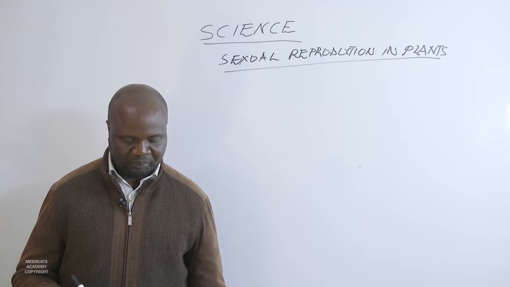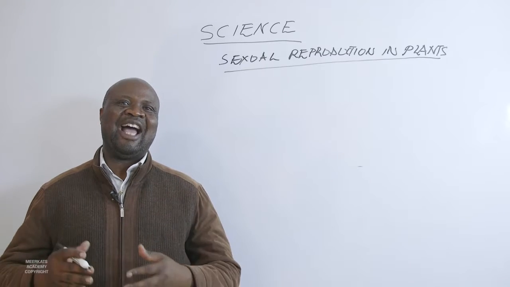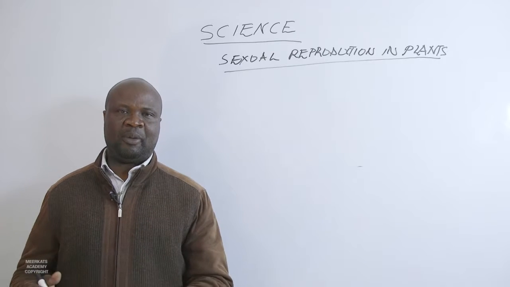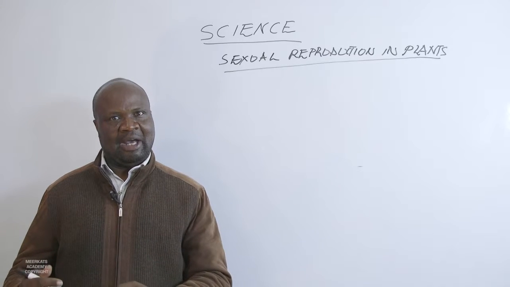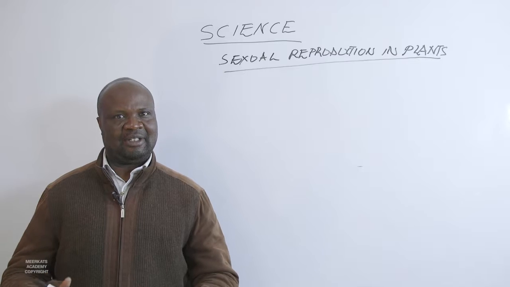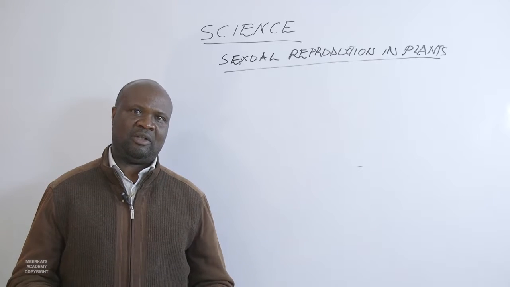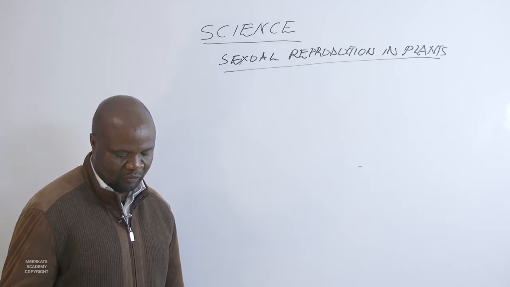Now we want to deal with agents of pollination. For pollination to take place, there are agents that make it easier to happen.